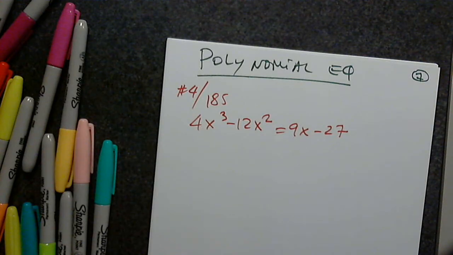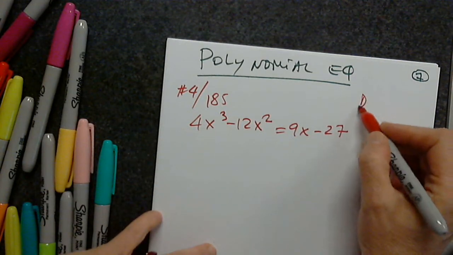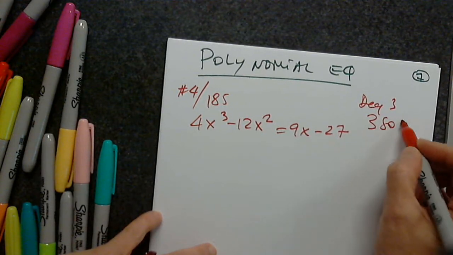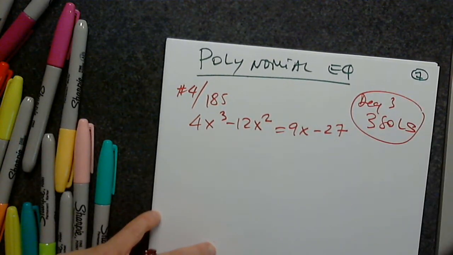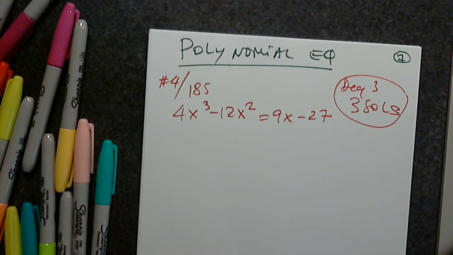It is a polynomial equation. What is its degree? What is the degree of this polynomial? How many solutions do I have to find? Exactly 3. Please write it on the side so we don't forget: degree 3, 3 solutions mandatory.